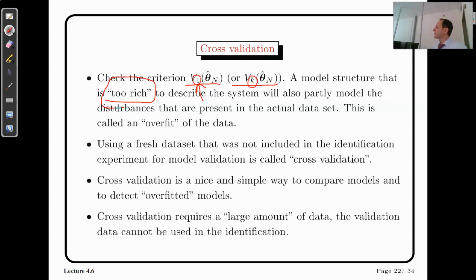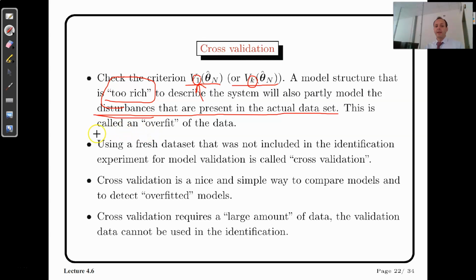Too rich means it contains too many parameters to describe the system, to describe the real data. If your model is too rich, it means the order is too high, so you are perhaps modeling also the disturbances that you don't need to describe. You are modeling also the disturbances that are present in your data.